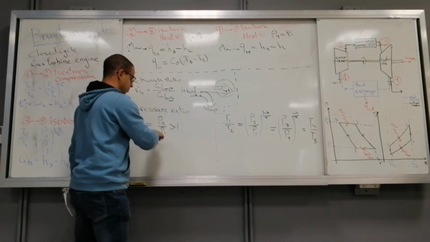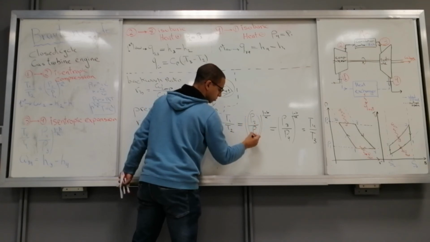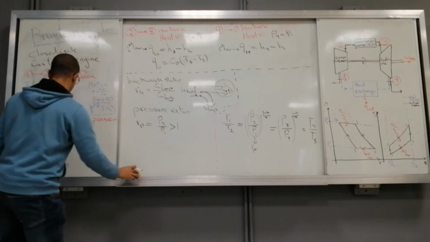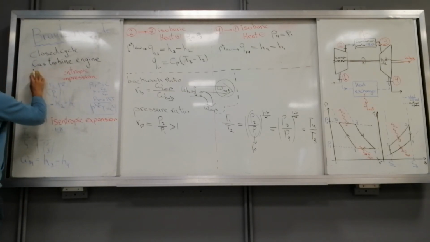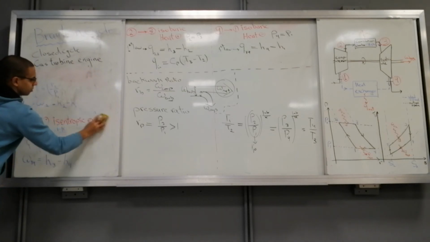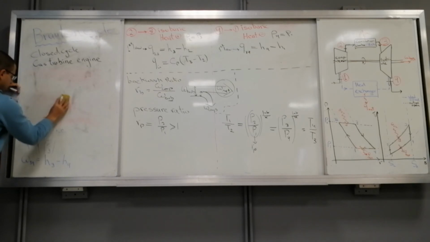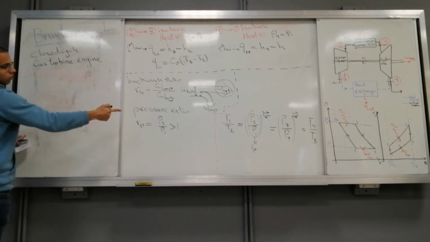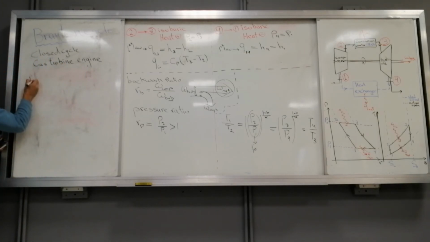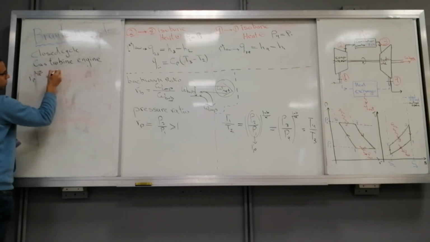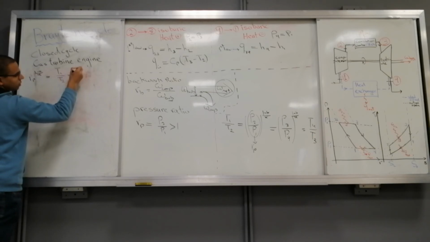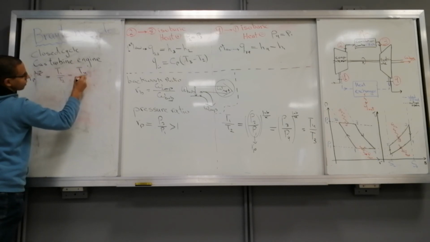And also this ratio is the pressure ratio. Thus, for conclusion, this is the rule we're going to use when deducing the thermal efficiency of this cycle in a minute: Rp to the power (1 minus K)/K equals T1 over T2 equals T4 over T3.